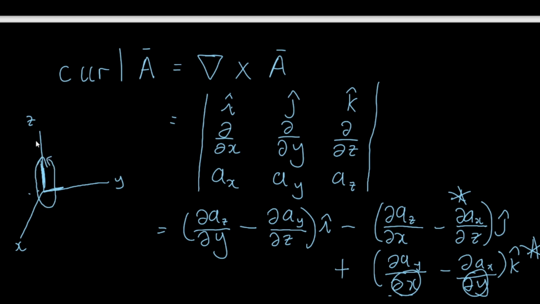So if it's rotating about the y-axis, what are the variables that are changing? Well, the variables that are changing are z and x. So this is telling us how it's rotating about the y-axis. And the same thing is true, of course, in the x direction.